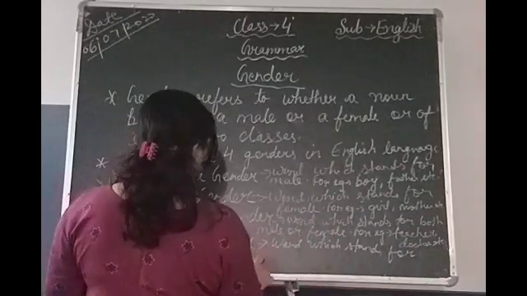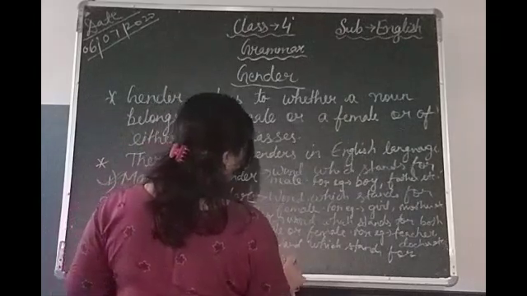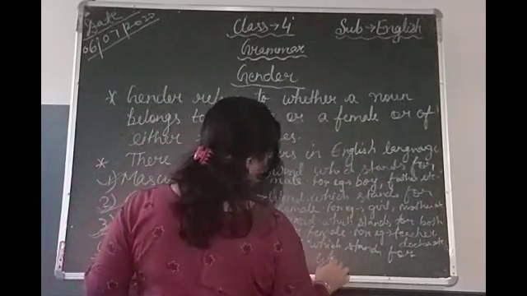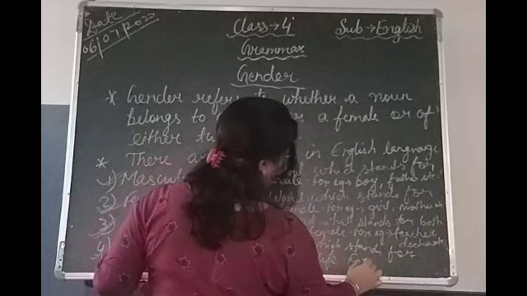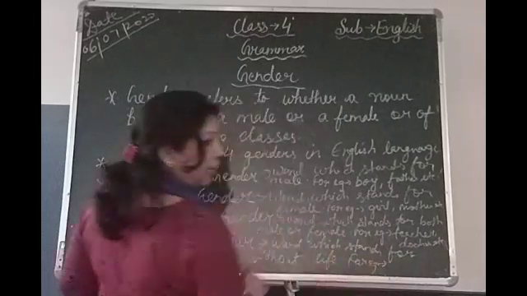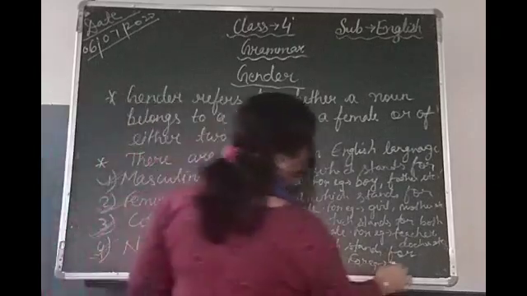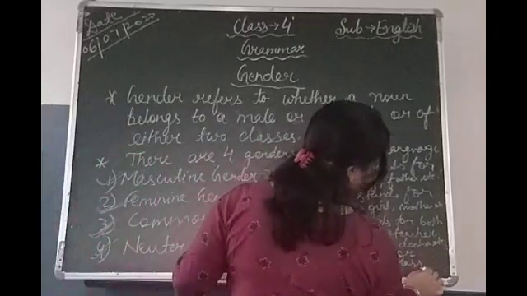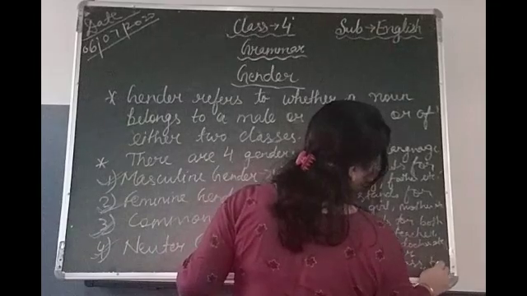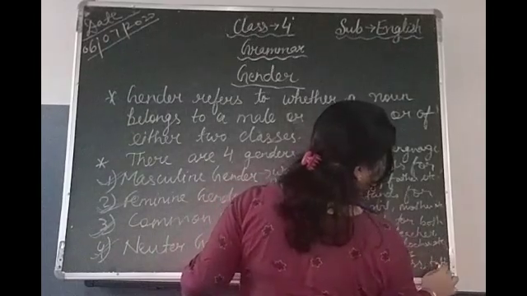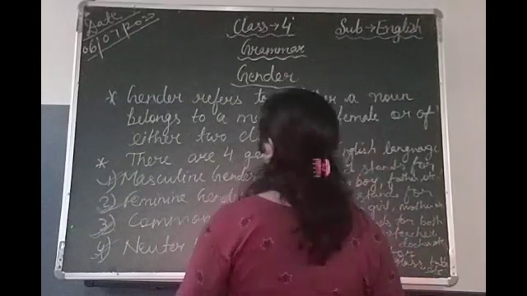For example, you can write table, chair, glass. These all are what? Neuter gender. Glass, table, etc. So all of it is very clear.